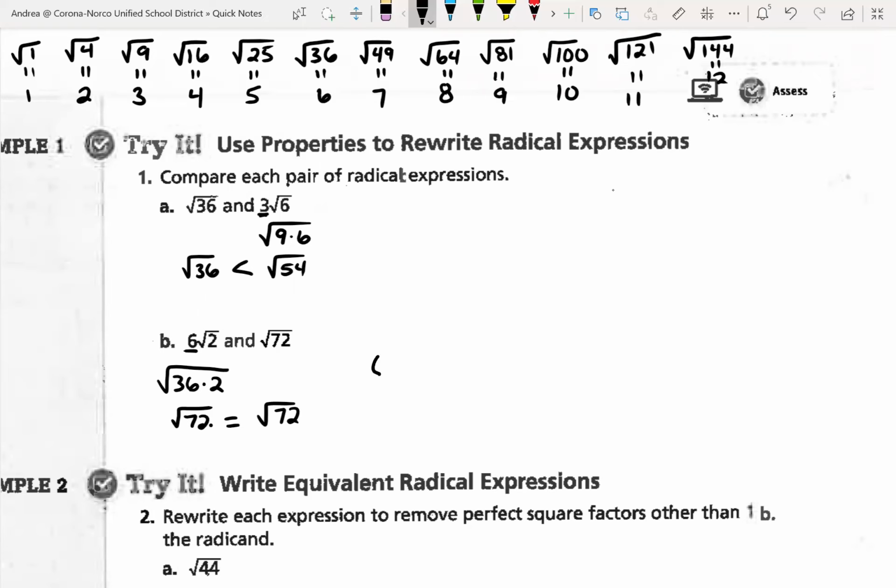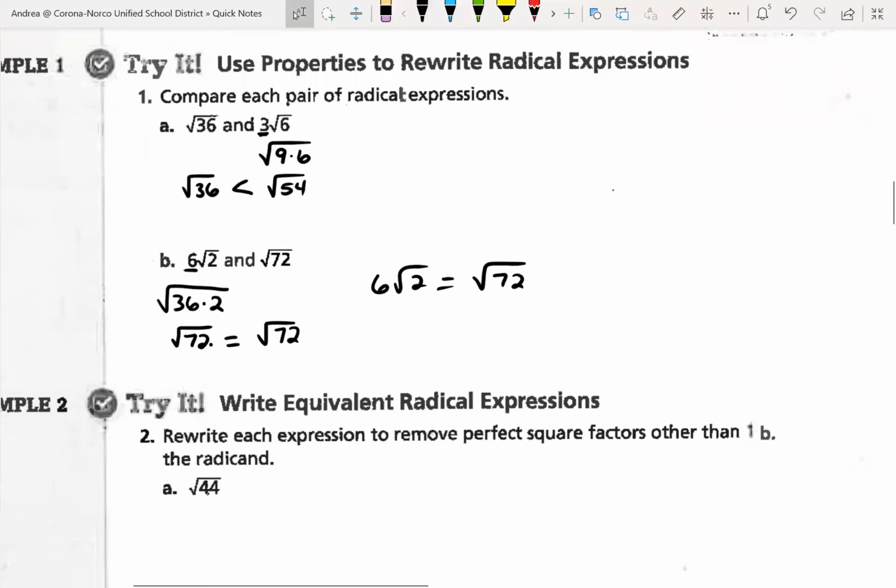So 6 square root 2 is equal to the square root of 72. All we did was rewrite this square root of 72 as factors of 36 times 2, and then I have a perfect square. The square root of the perfect square 36 is 6. So 6 radical 2 is just another way of writing the square root of 72.